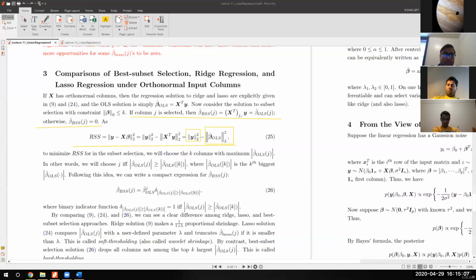Because in this case, I'm going to minus 10 squared. Otherwise, because I can only let one beta be non-zero, the reduction is going to be smaller. I want to minus as much as I can. So I'm going to choose the K maximum beta OLSJ and make these non-zero.